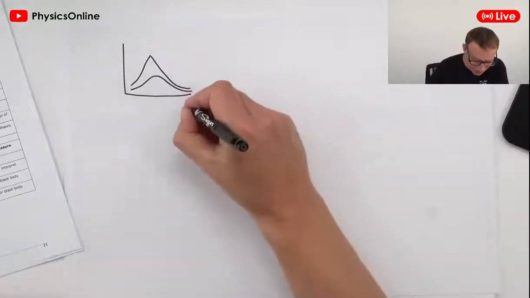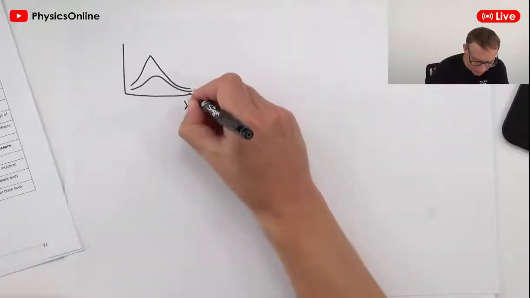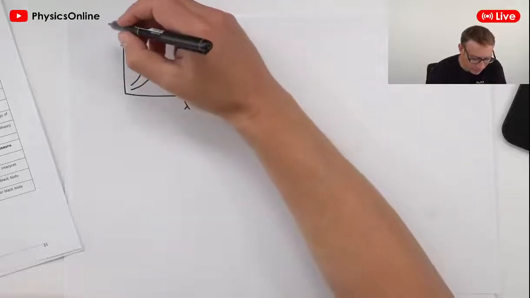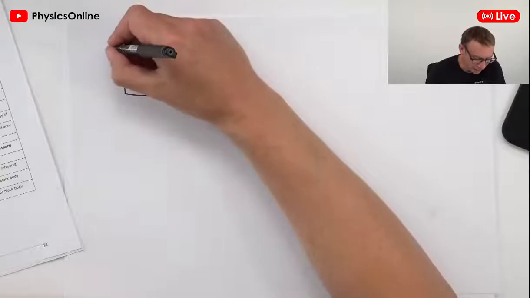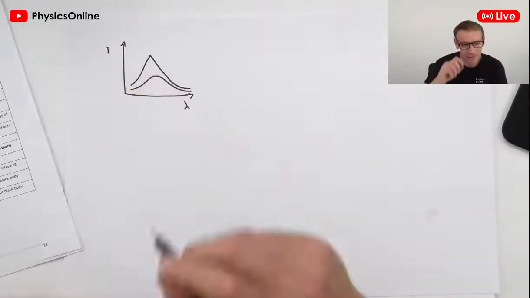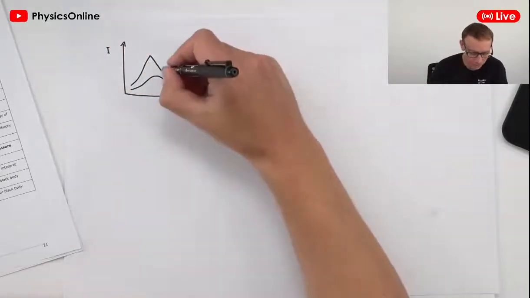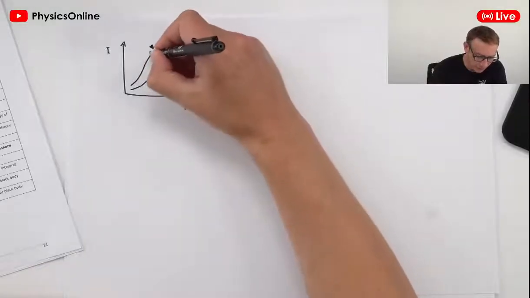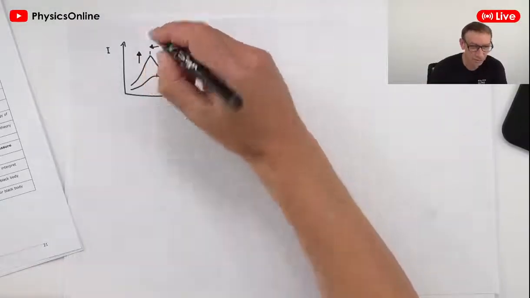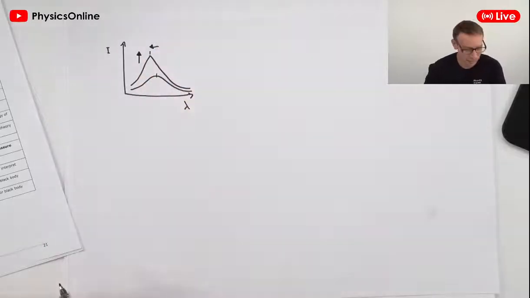Basically, what you have along here is maybe the wavelength, and then we've got the amount of radiation being emitted. So that could be the intensity of radiation. And effectively, as you go to a shorter wavelength, we get a peak which is more intense, and there's going to be a greater area underneath that curve.